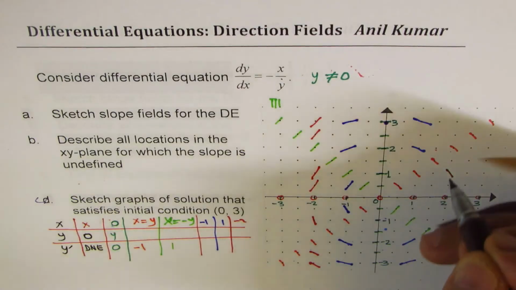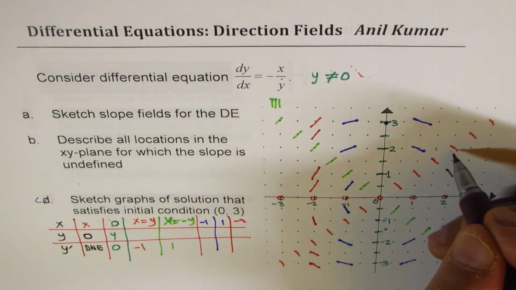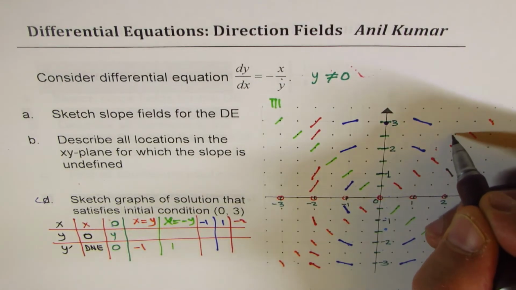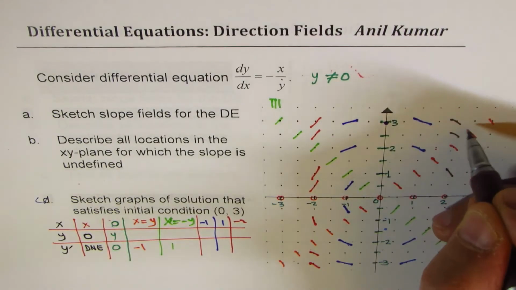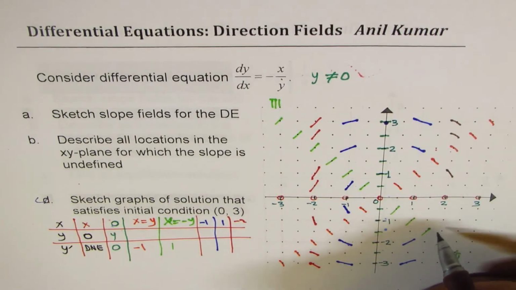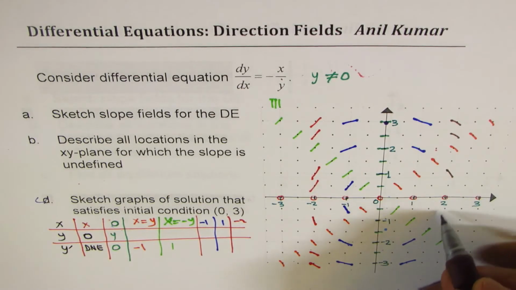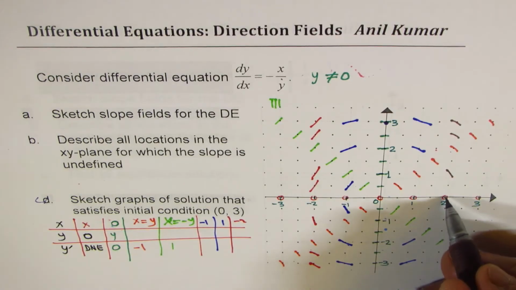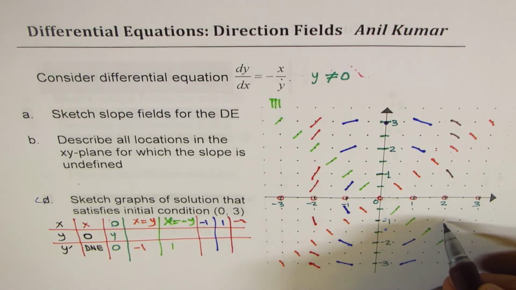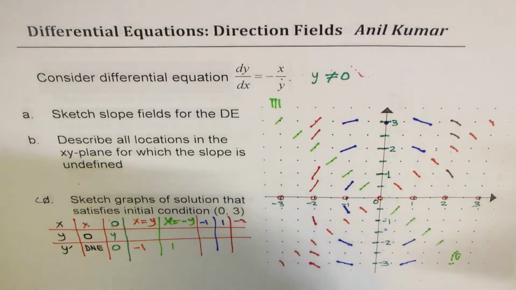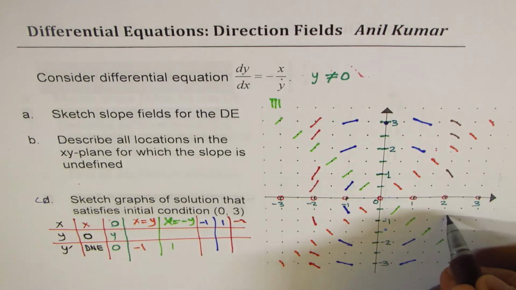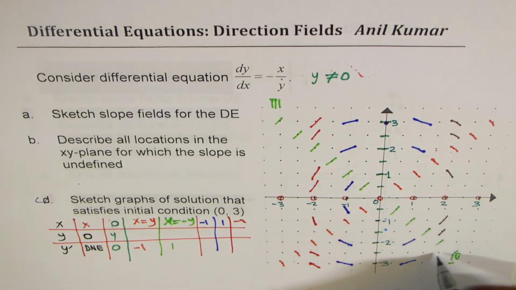As y increases, the slope decreases, so it becomes flatter. Do you see that? On the right side, when we go down, the slope is 2 divided by 1, minus minus becomes plus. So it is positive, but as we go down, it becomes less and less steep.